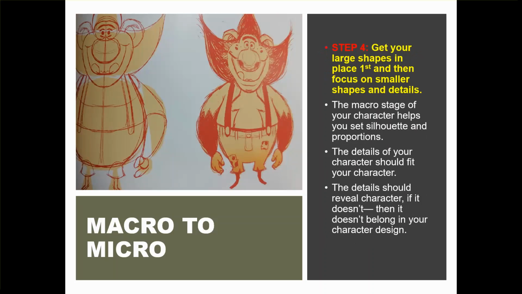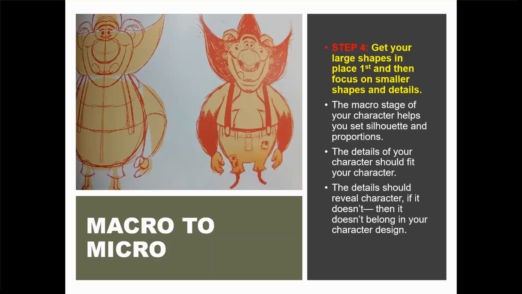So get your large shapes in place first and then focus on the smaller shapes and details. So it's kind of like when we draw, we always work our way from outside to inside or big shapes to small. So focus on the macro, meaning big, and then work your way to the micro, so the details and smaller parts. So the details of your character should fit your character as well.